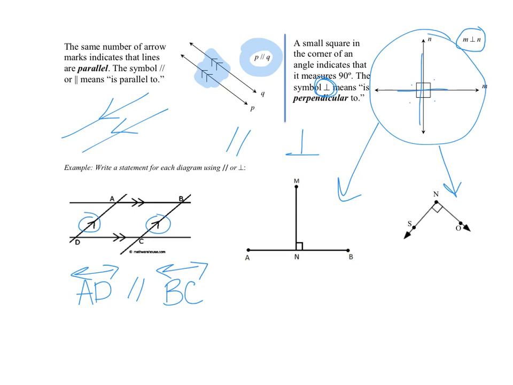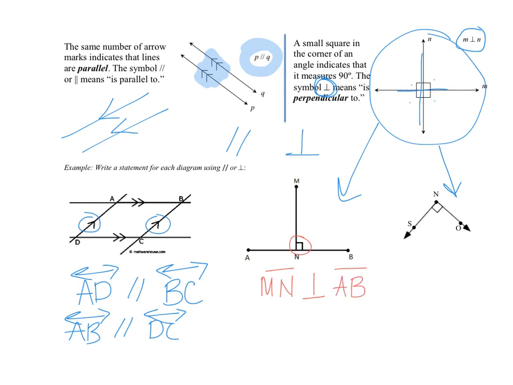I could also say that line AB is parallel to line DC. Okay, and then in the second one, we have perpendicular going on because of the right angle. So these are line segments, so we can say that line segment MN is perpendicular to line segment AB.